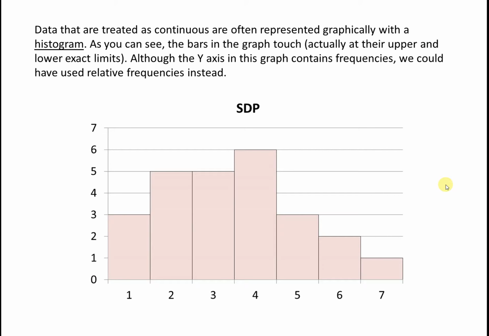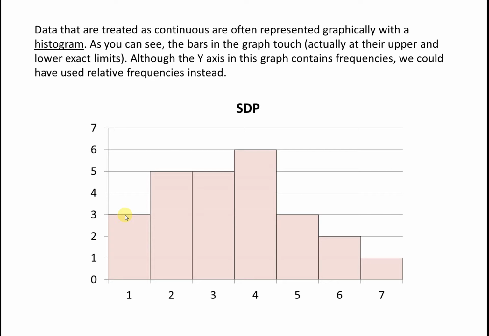So when you have data that are treated as continuous, we often represent it using a histogram. Basically a histogram is like a bar chart, except the bars actually touch each other. We have the values of our x variable along the x-axis, and in this case I've got frequency counts for each value that's observed along the y-axis.